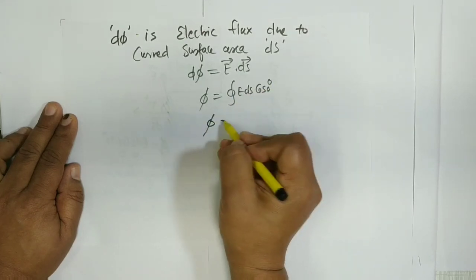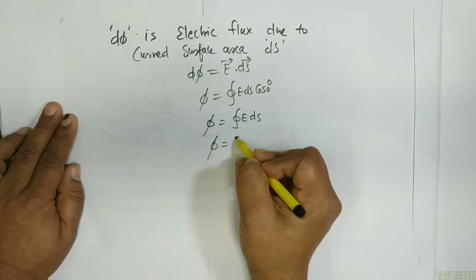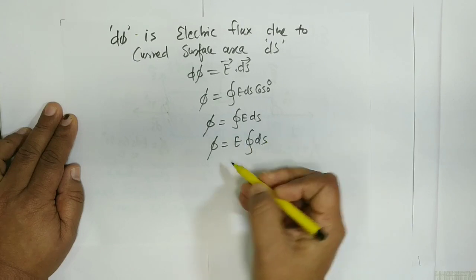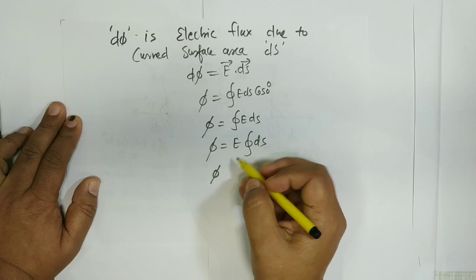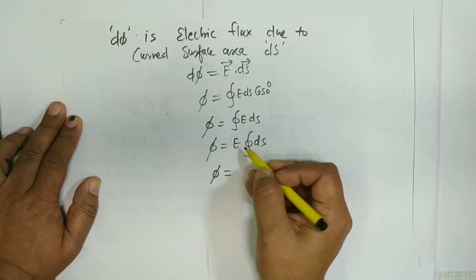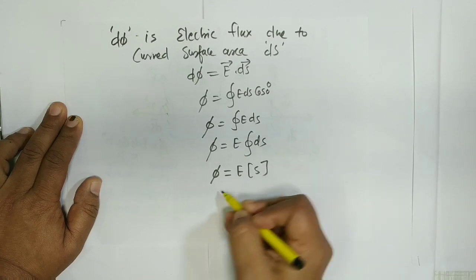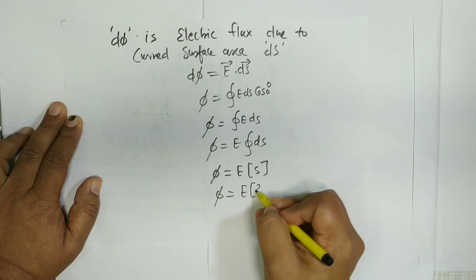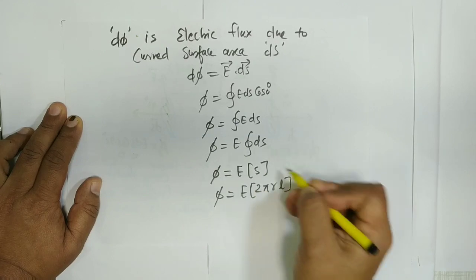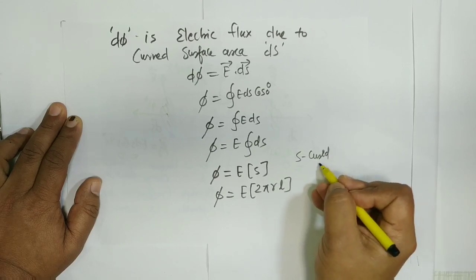So phi is E integration of dS. And what is the integration of dS? It is S, and S is the curved surface, 2 pi RL, the curved surface area.